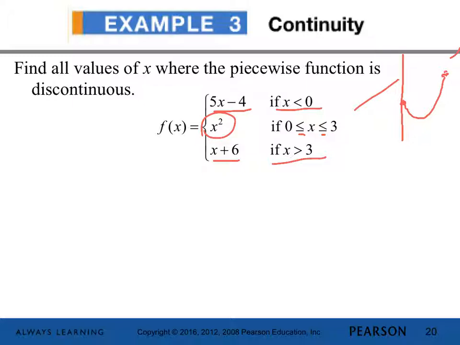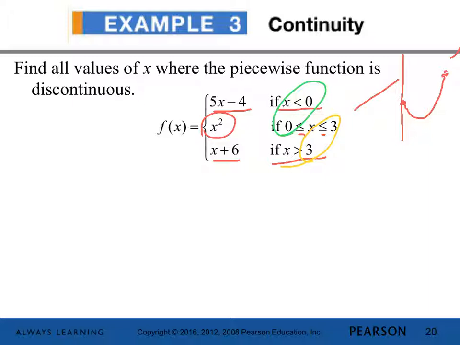So the place where there's likely to be an issue is going to be either here or here when it switches rules. So first we're going to check what goes on with the function at x equals 0.